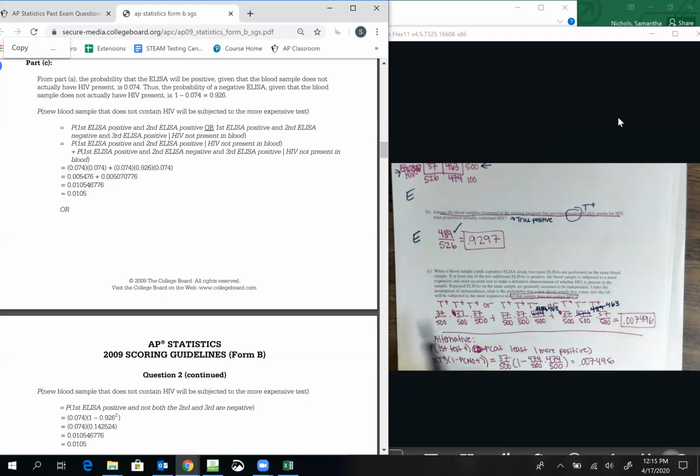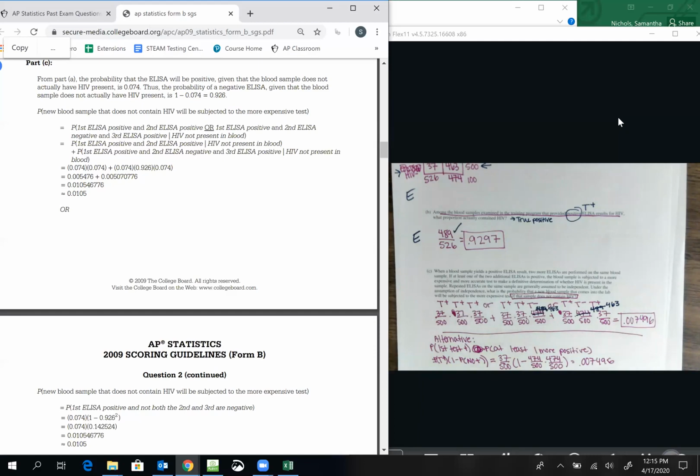So for this one, now I'll explain the process. Because false positives are possible, they're going to give you one test first, and if you test positive on that, they're going to give you 2 more. If of those 2 more you get at least 1 positive result, then you're subjected to the more expensive testing.